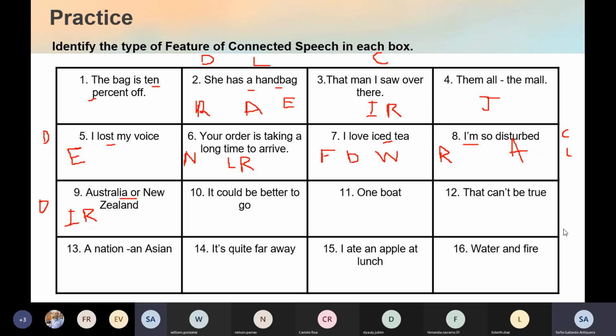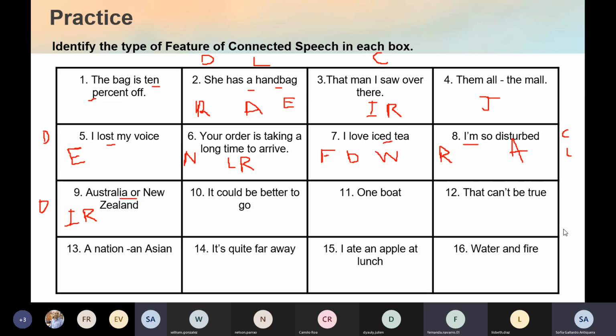Now, intrusive is when it just appears, it intrudes. It was not invited, so it just appears. But in this case, we don't have any intrusive R, and we also don't have any linking R. So it's another type of feature. So I'm gonna read it again. It could be better to go.